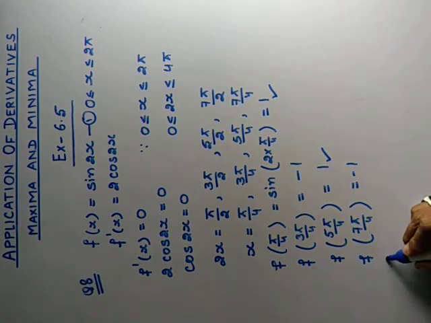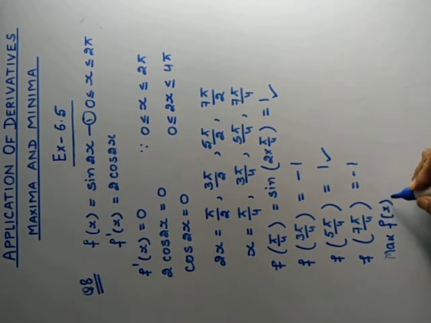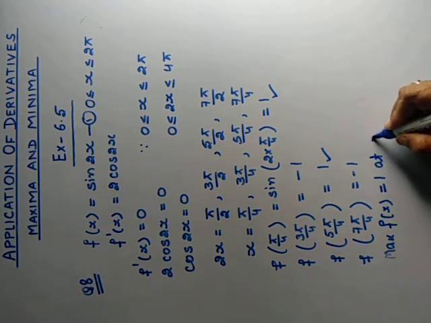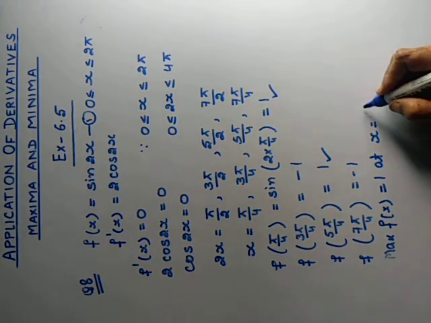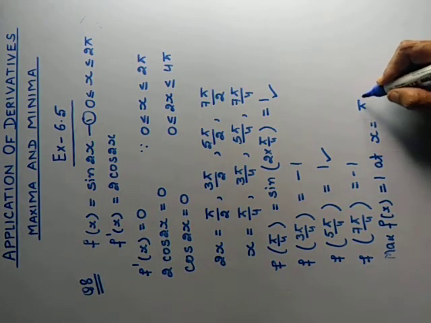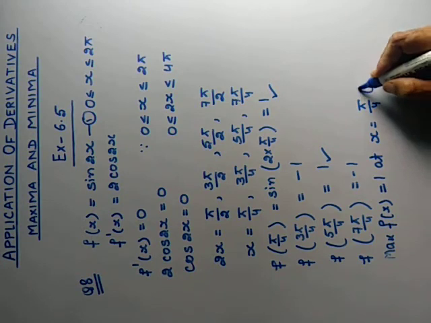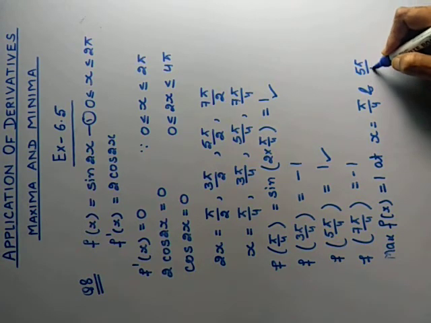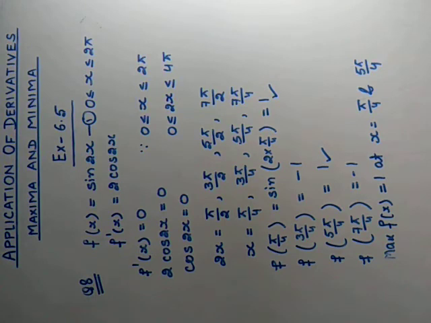So the maximum value of f(x) is 1, at x equals pi by 4 and 5 pi by 4. Now we have to check whether these are maximum or minimum.